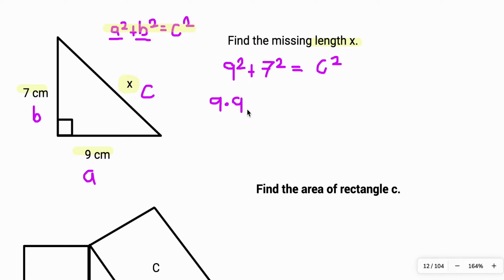So then we would break down the equation. We have 9 times 9 plus 7 times 7 equals c squared. Now we would just solve the exponents, and we would have 81 plus 49 equals c squared.